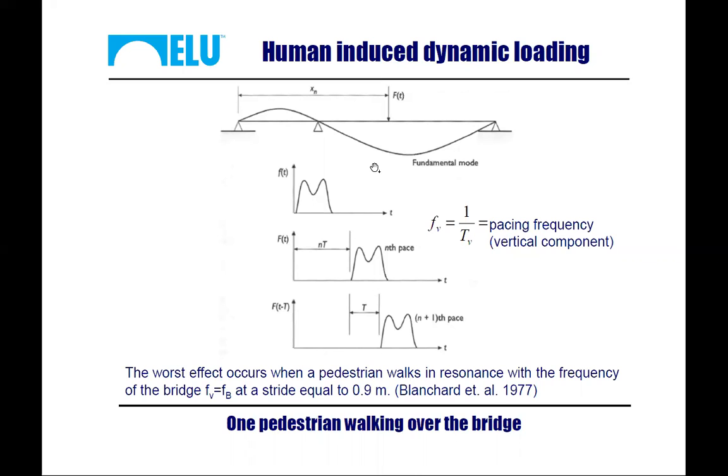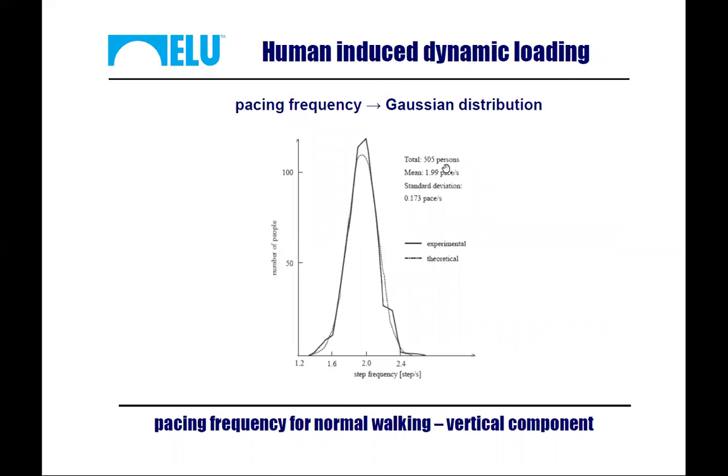So, what is the walking frequency? Well, the pacing frequency. We have very good empirical results concerning the pacing frequency. The best known of these results are due to a Japanese researcher called Matsumoto, who measured the pacing frequency on a total of 500 persons.